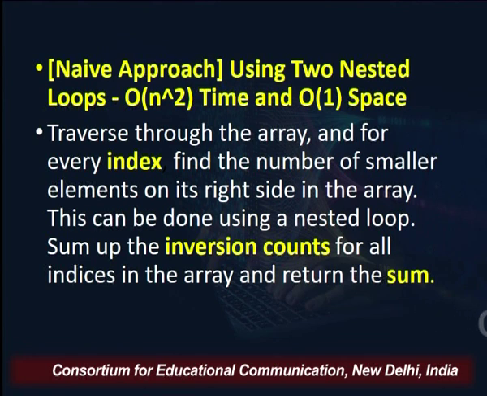Then the next traversal is done for the next element, then for the third element, and then for the fourth element. So, this idea uses a nested loop, and whenever we encounter a smaller element on the right side, we increment a count. At the end of the algorithm we sum up the counts for all the indices in the array and return the sum, because that is the inversion count we are looking for.